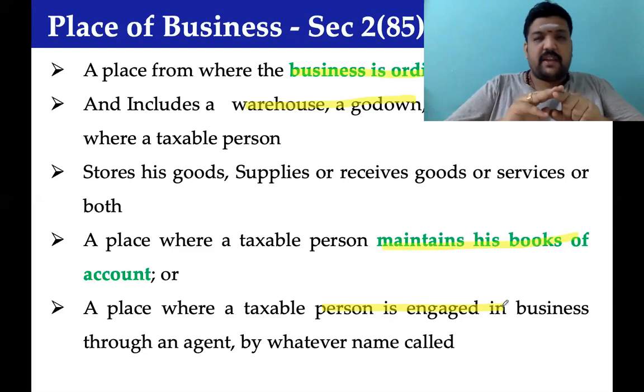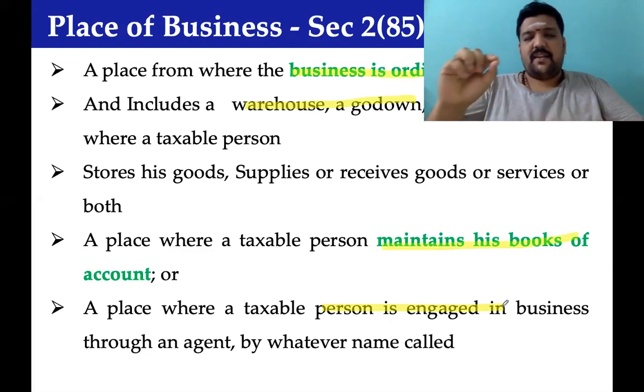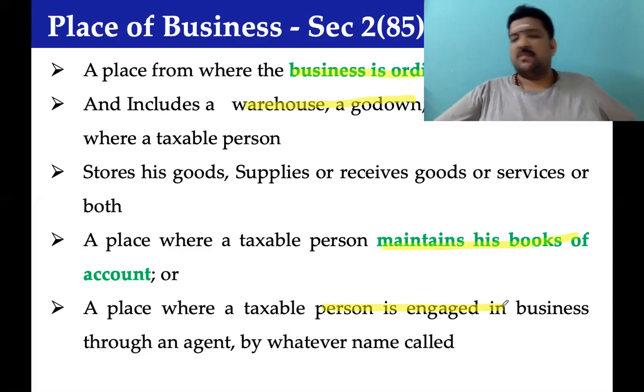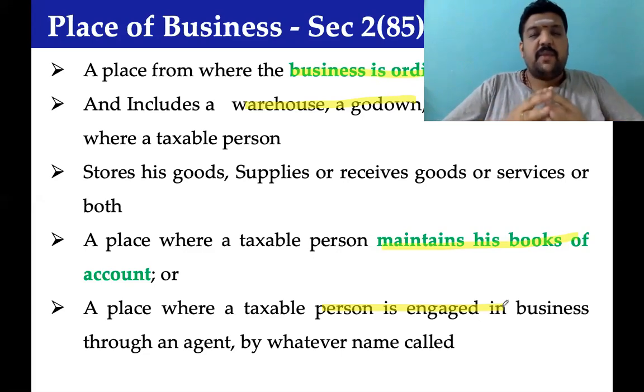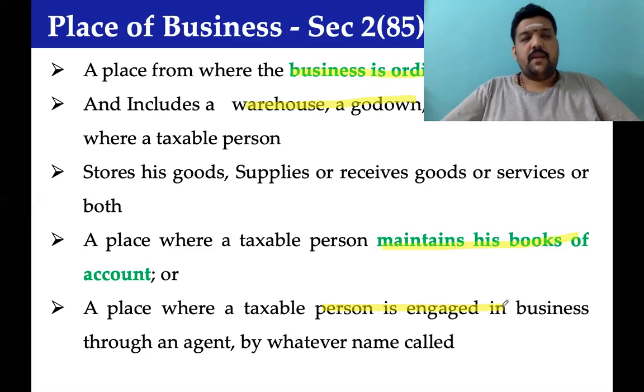In only those circumstances, this place gains its moment. The place where the goods are stored, the place from where they supply those goods or services, the place from where they carry the business, the place where they keep their books of accounts, all these places will be treated as POB, place of business.